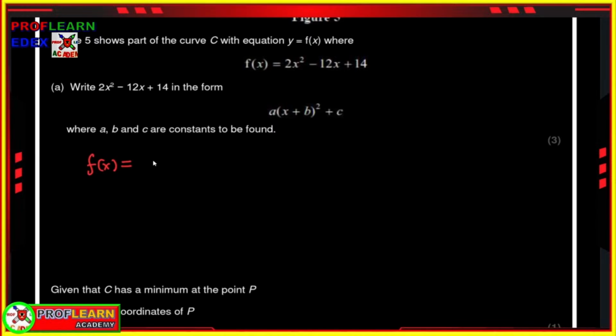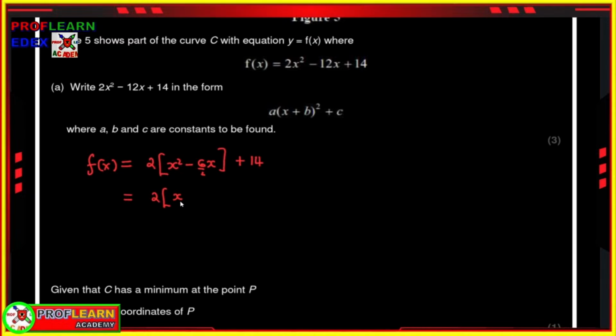So our equation is 2x squared minus 12x. We can factor 2 out in the first two terms, plus 14. Then whatever is inside the bracket, we are going to complete the square of that. So we shall take x minus a half of 6. 6 divided by 2 will give you 3.